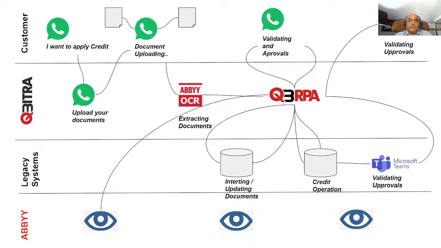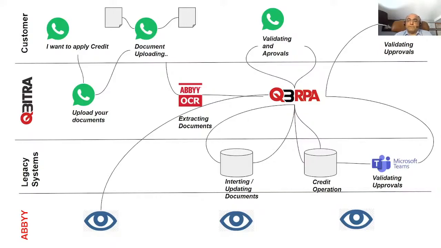For example, we have the customer, and in the chatbot or any kind of platform, the customer or client will ask, in this scenario, about applying for a credit. After that, our chatbot platform replies to this application, giving some instructions according to the process design. In WhatsApp, the user easily uploads the documents, and after uploading, our Qbitra platform automatically extracts this information via, for example, ABBYY OCR.